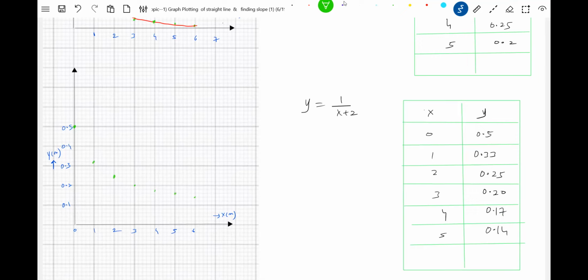It keeps on decreasing. Join all those points, and the curve will be like this. This is also a rectangular hyperbola.